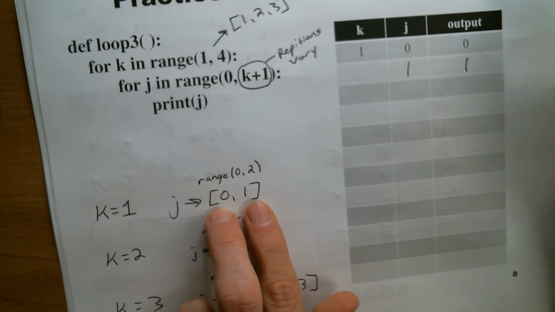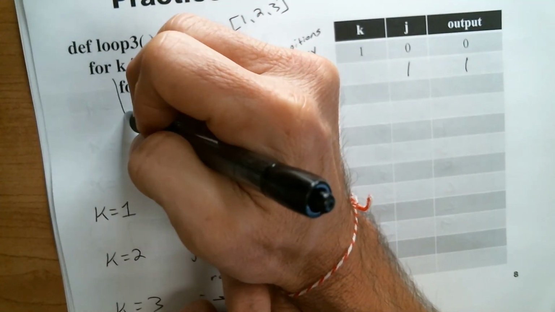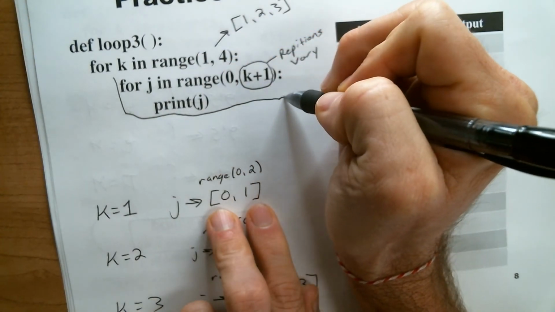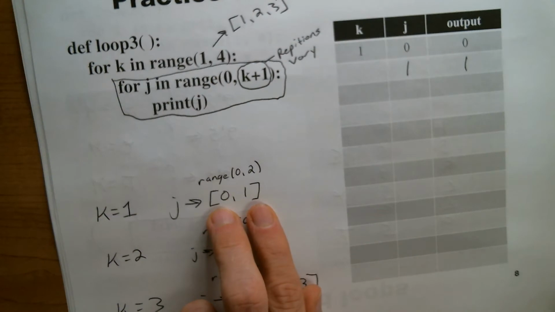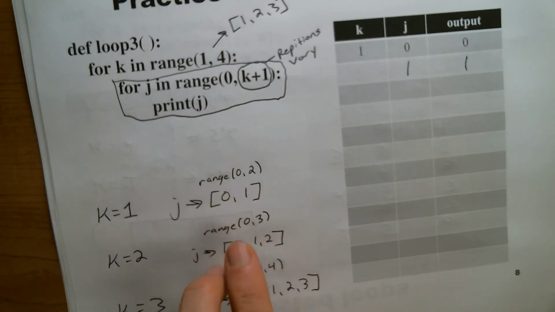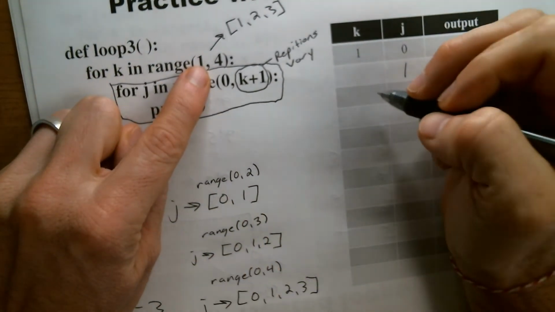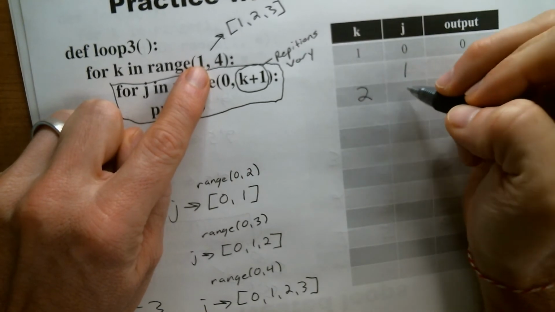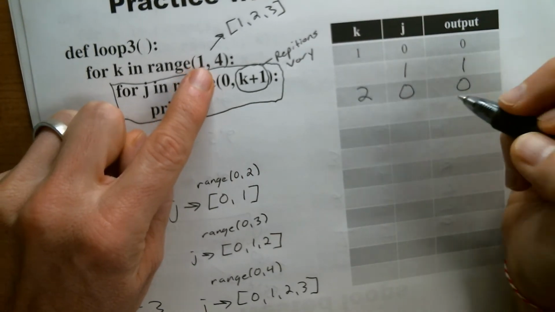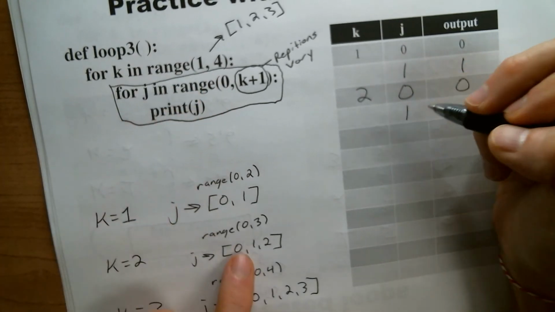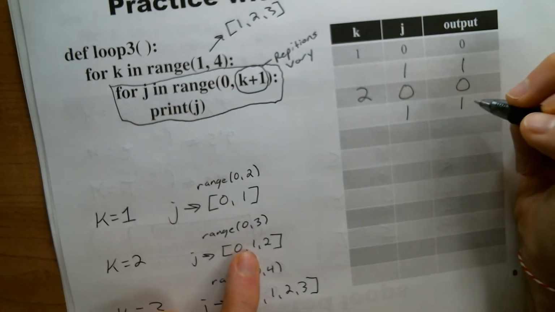At this point, our inner loop has completed. So then we go back out to the outer loop, and K goes up to 2, and J goes back to 0, and we print out a 0. Then J goes to 1, and we print out the 1.